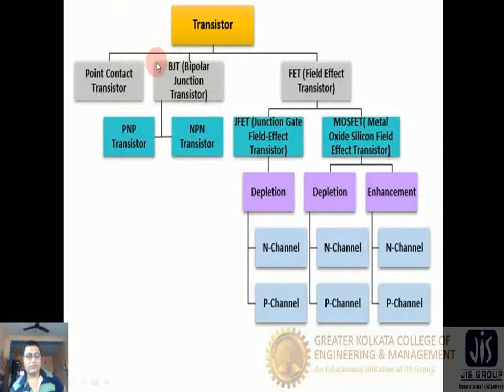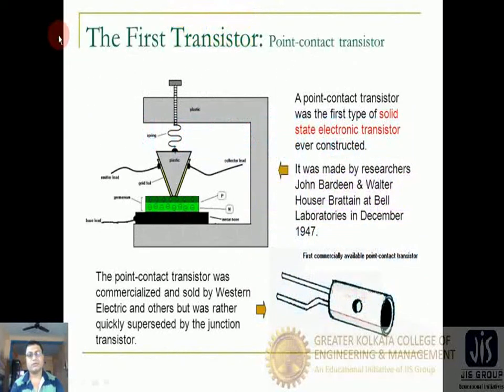But before going to the BJT, let's have a look at how the point contact transistor looked. So this is the first transistor invented, which was a point contact transistor. The point contact transistor was the first type of solid state electronics transistor ever constructed. It was discovered in December 1947 in the Bell laboratory.